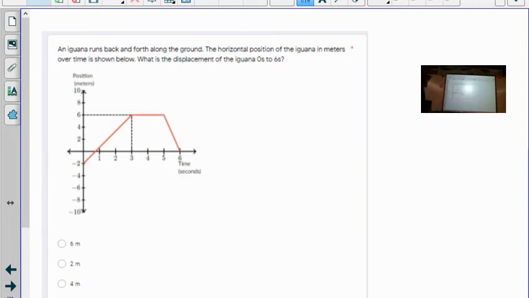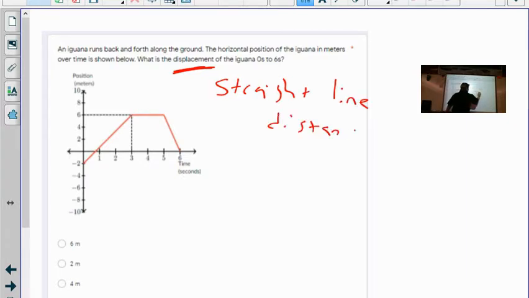An iguana runs back and forth along the ground. The horizontal position of the iguana in meters over time is shown below. What is the displacement? Displacement is a straight line distance, the difference between your starting point and your ending point.